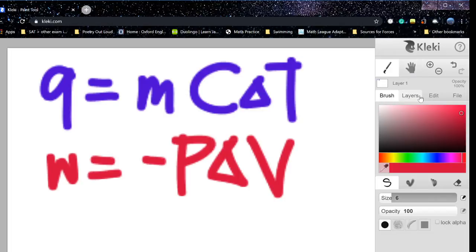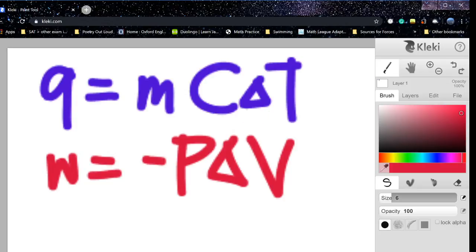Now, what does m mean here? That's mass, the mass of the object you're measuring. C is the specific heat of the object, or the amount of heat that the object can absorb before transferring it.